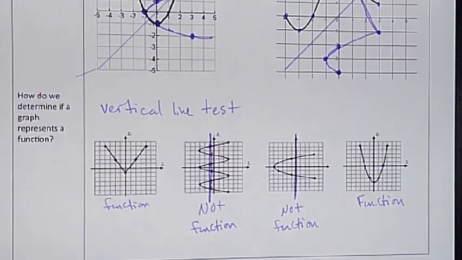Now, if we know that an inverse basically swaps the x and y values, then we can use the exact same test to determine if a function's inverse is a function. But instead of being vertical, which uses x values, we're going to make the line horizontal, which is y values.